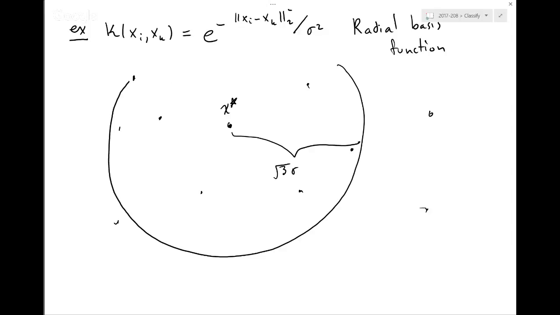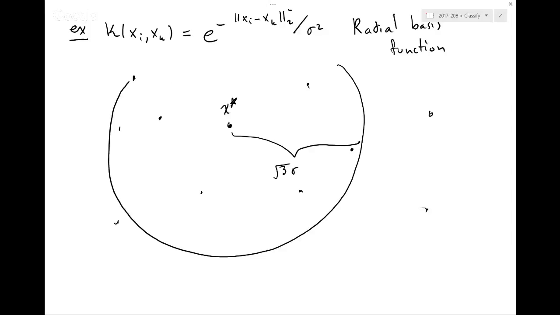Then the idea is that if I look at the kernel, which is telling me how xk is influencing xi, any point that's outside of this circle is going to have a kernel that's smaller than e to the minus 3, which is a pretty small number.